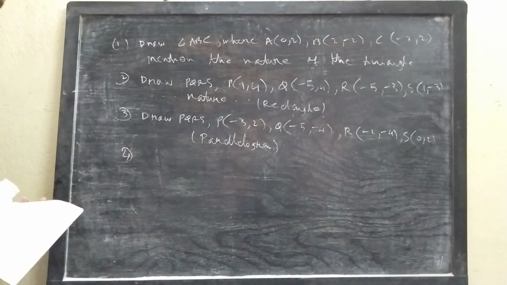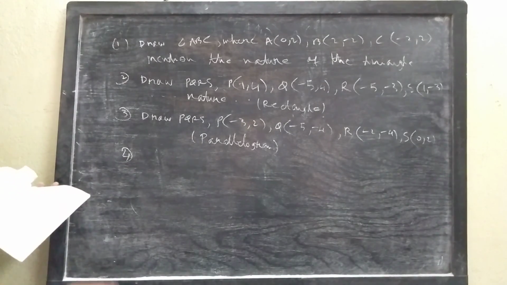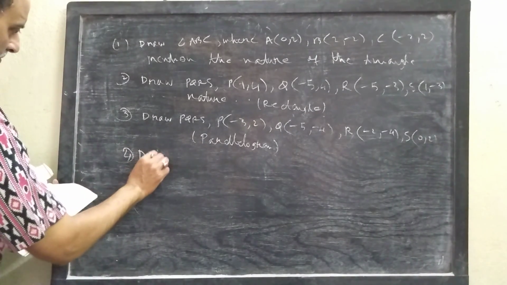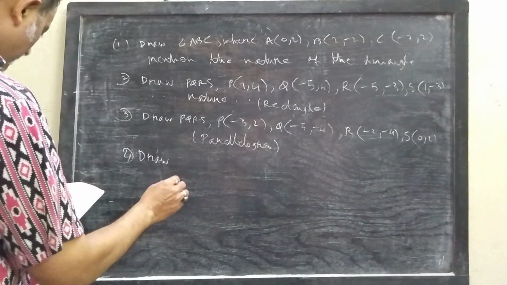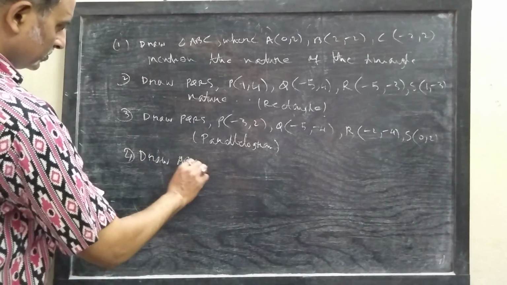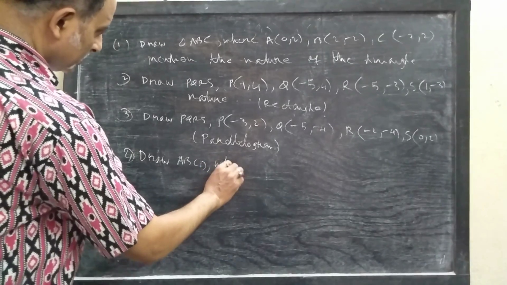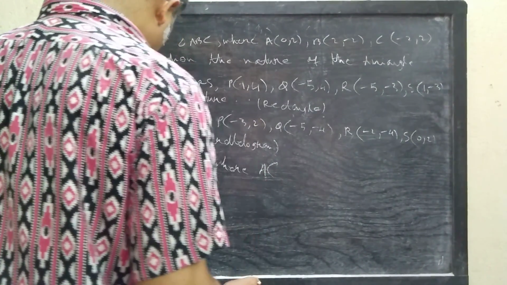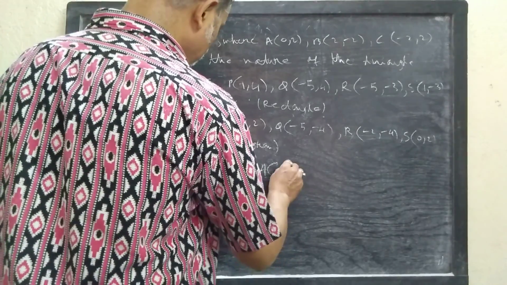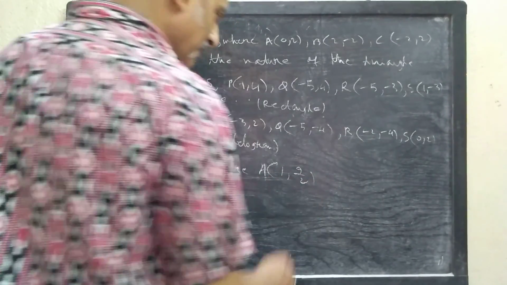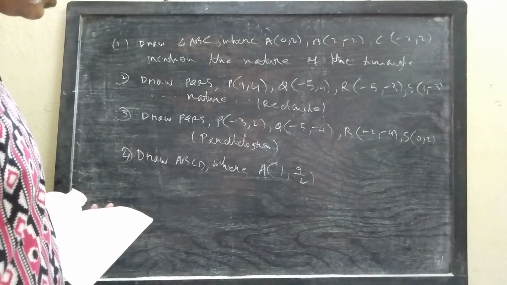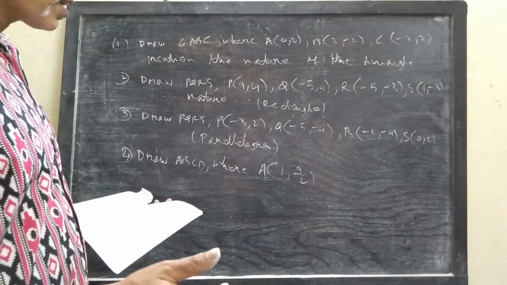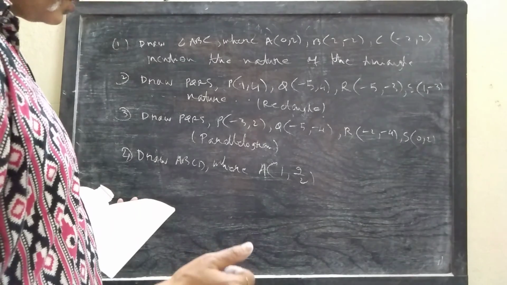Number 4. Draw ABCD where A has coordinates (1, 9 by 2). As it is 9 by 2, you have to select the scale wisely.